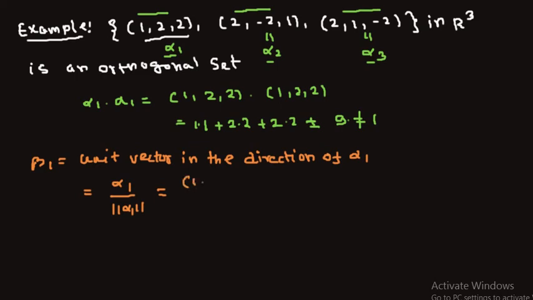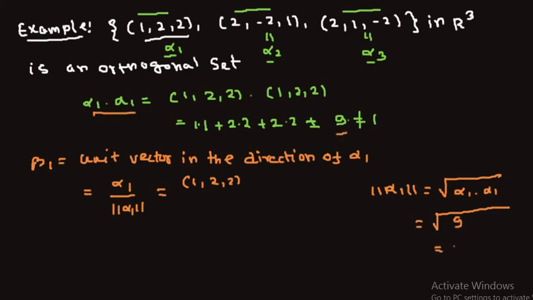Alpha 1 is (1, 2, 2). The norm of alpha 1 is the square root of alpha 1 dot alpha 1. We have already found that alpha 1 dot alpha 1 is 9, so the square root is 3. So we divide by 3, and we get the vector (1/3, 2/3, 2/3). This is the unit vector in the direction of the vector alpha 1.